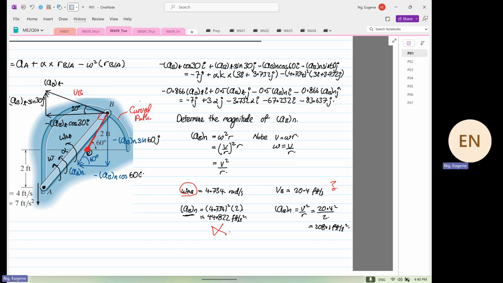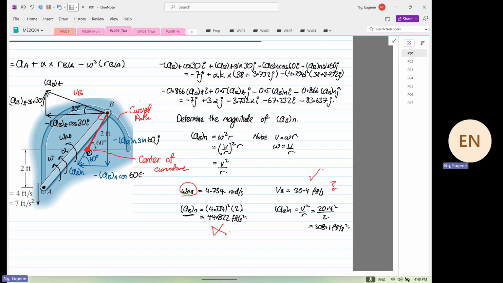Okay. So for that reason, this is correct. Why? Because ABN will act toward the center of curvature. So this is the center of curvature. That's why this question really tests the fundamentals, whether you understand or not.